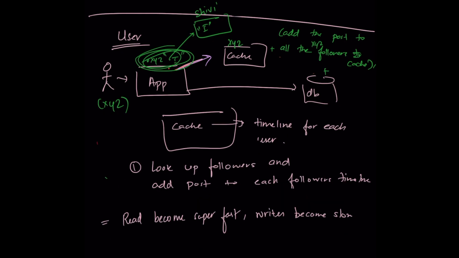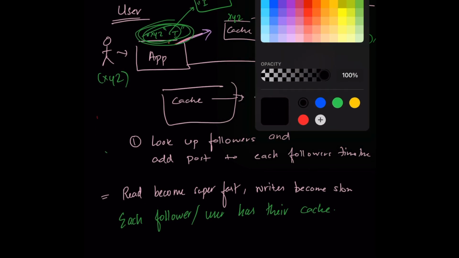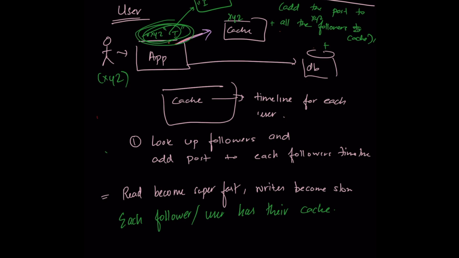So this way each user has their own cache from which the timeline is built. And supposedly, say he has written this and I follow XYZ. So when a user requests, okay, get me my timeline, the application can just return the cache.